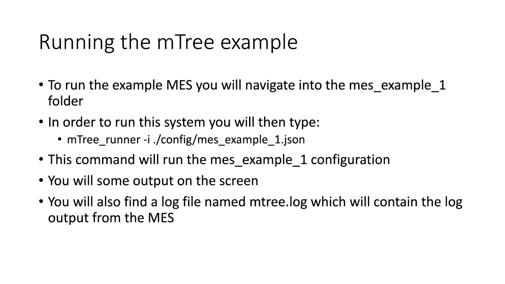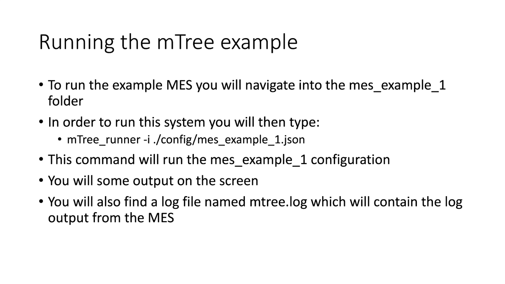Okay, so if you've cloned the mTree examples repository and you've been successful in installing mTree, you will then navigate into the mes_example_1 folder, and you will be able to run the command mtree_runner -i ./config/mes_example_1.json.